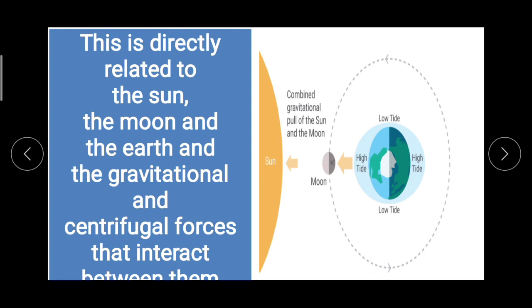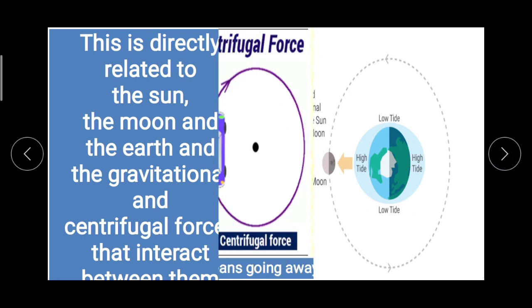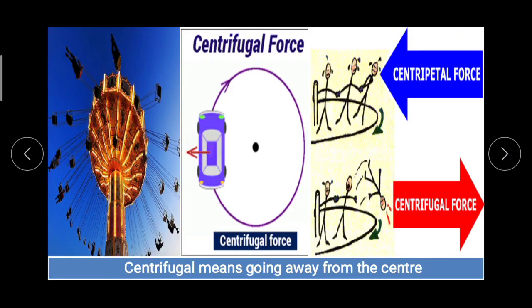Now, to understand the relation or the interaction between all these things, first of all we'll try to understand the concept of centrifugal force. Due to its rotation, the earth gets a type of power or force, and this force works away from the center.